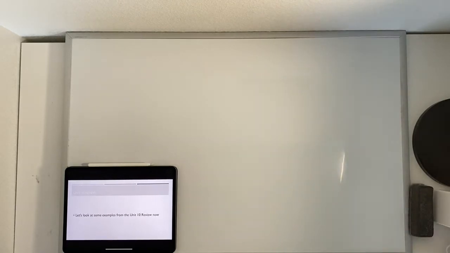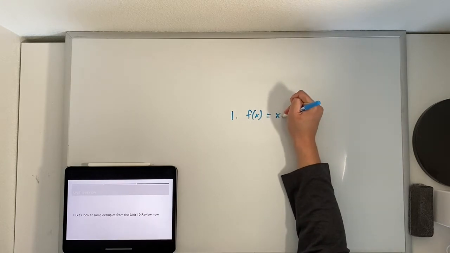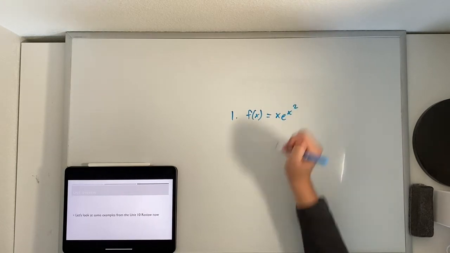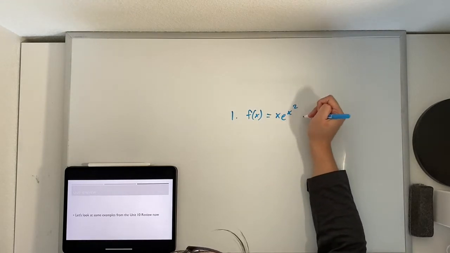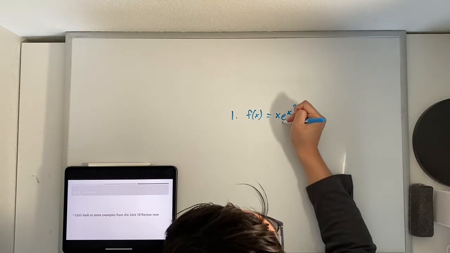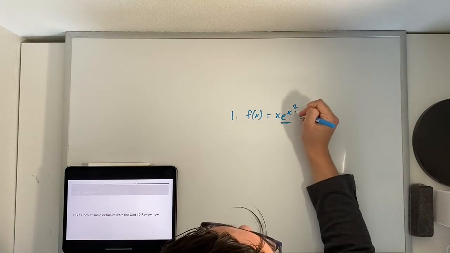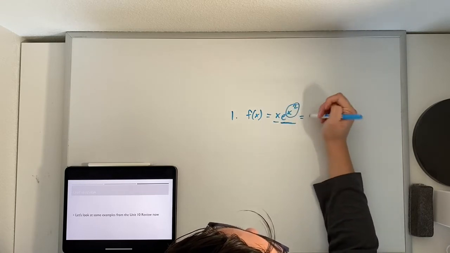So this is relying on your knowledge of those power series and Maclaurin series that I asked you to memorize. We have f of x equals x times e to the x squared power. Okay. Now, we know the Maclaurin series for e to the x, and into that series we can plug in x squared, and we'll multiply that whole series by this x.